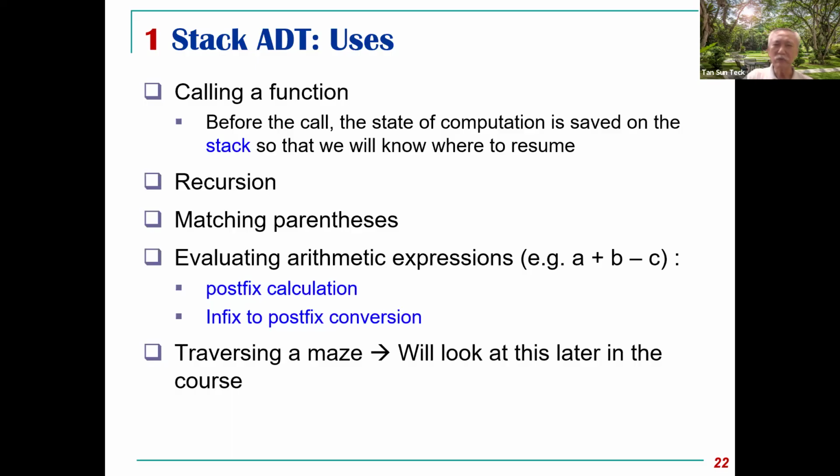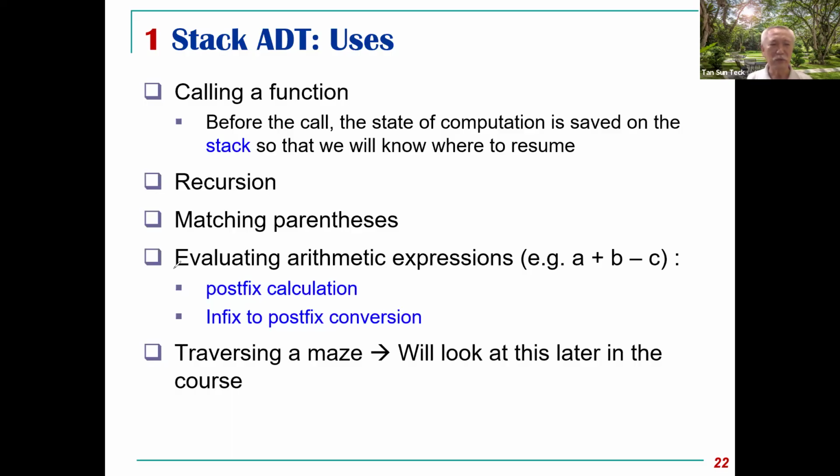So how do you send control into the method and be able to come back? You have to store the current state of the program onto a stack. Every time you finish, just pop the top element on the stack and then you continue executing that. This is what we call using a stack to store the return address of the function call.